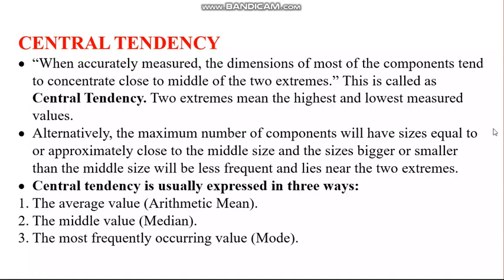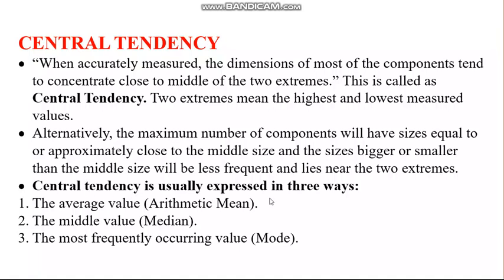Alternately, the maximum number of components will have a size approximately close to the middle size, and the sizes bigger or smaller than the middle size will be less frequent and lie near the two extremes. In either way you can explain central tendency.